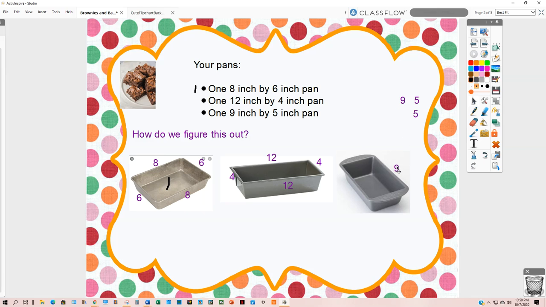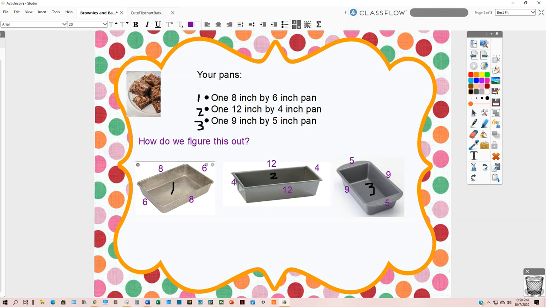My long side is 9 inches. The opposite side is 9 inches. The shorter side, 5 inches, 5 inches. This one is pan 2. This one is pan 3.